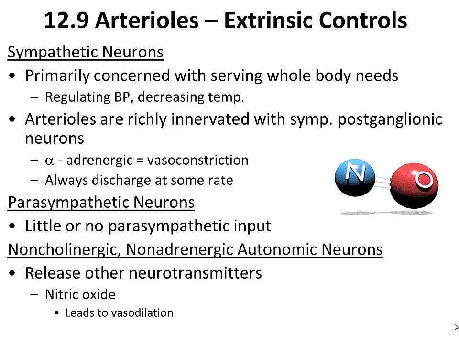In this case, oftentimes these sympathetic neurons are concerned not just with the fight or flight response, but rather with maintaining homeostasis in the entire body. For instance, regulating blood pressure or regulating body temperature are two roles that the sympathetic neurons that end on these arterioles play.